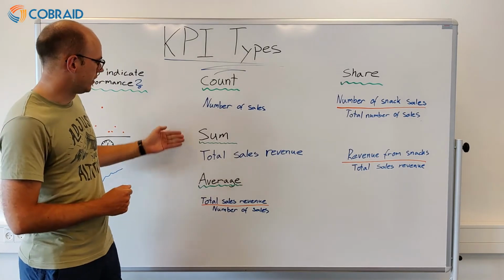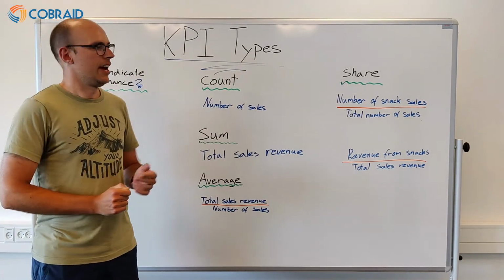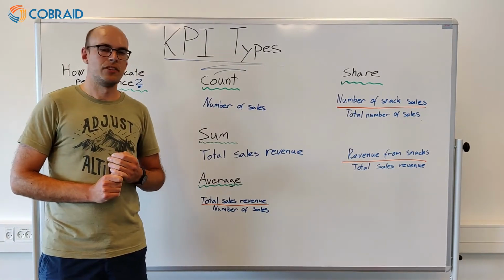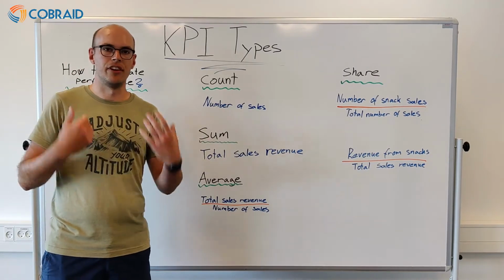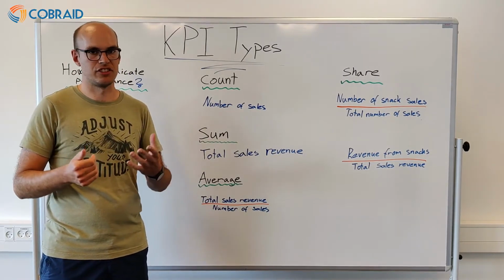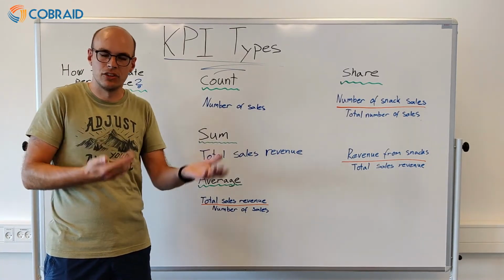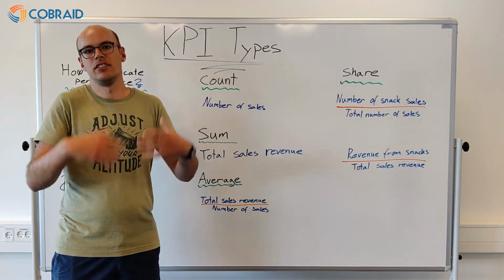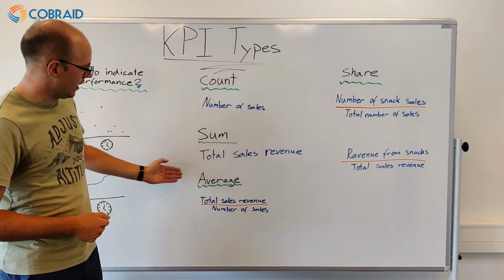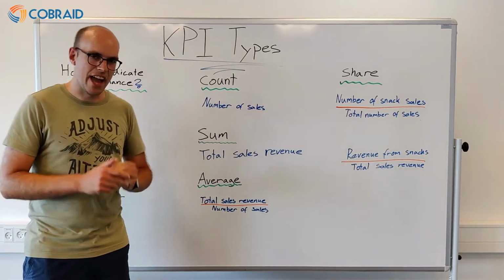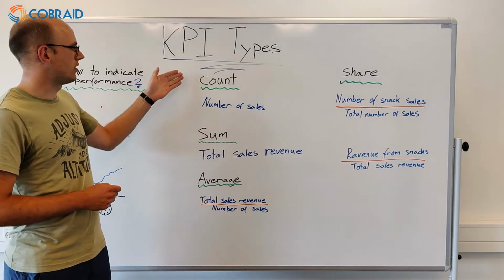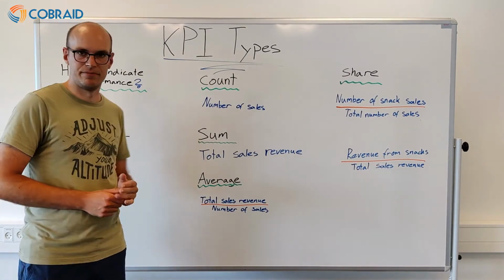Another way of doing it is to summarize some stuff. And again, in the case of the cinema, we could just summarize the revenue generated from the different sales to get the revenue over time. And again, we can do that in a month, in a year, so on. Now, another example is to get the average, and that actually combines both count and sum.